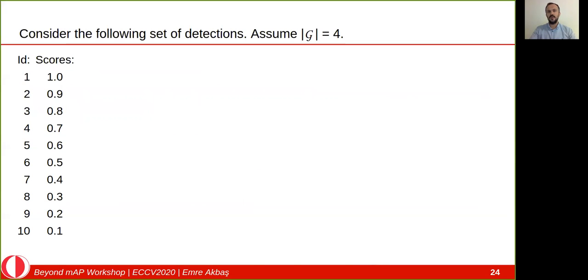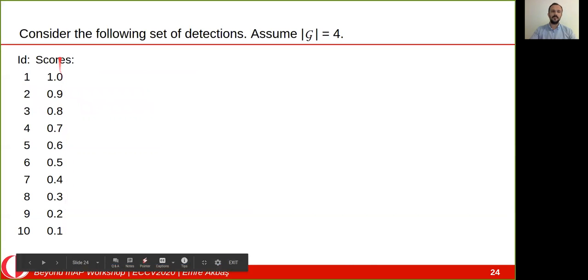So consider the following set of detections and assume that the ground truth set cardinality is 4. We have 4 ground truth boxes and 10 detections. These detections have confidence scores from 1.0 to 0.1.